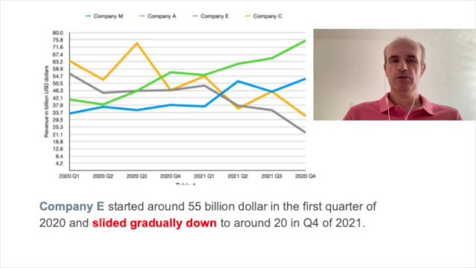Now I put that into a sentence, and then you get something like this. Company E started, past tense, around the $55 billion in the first quarter of 2020 and slided gradually down to 20 in the fourth quarter in 2021.